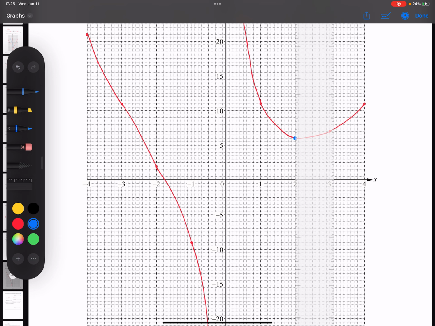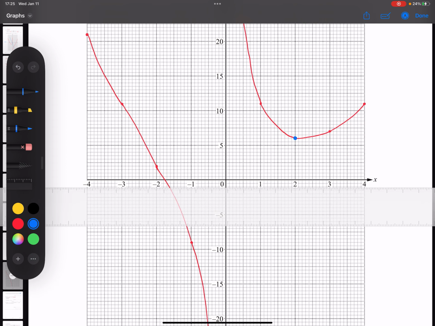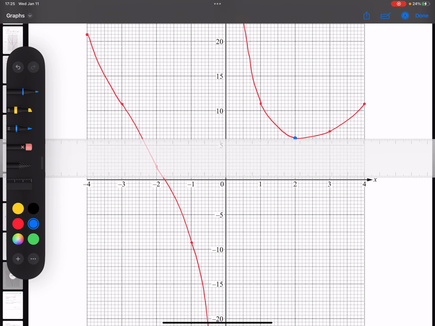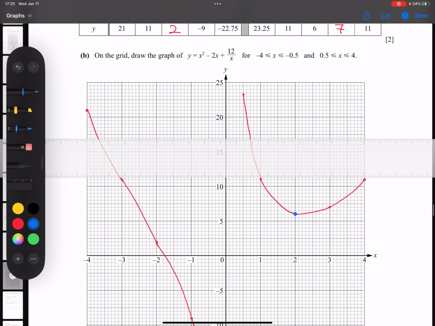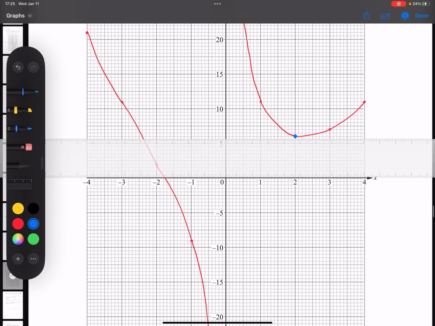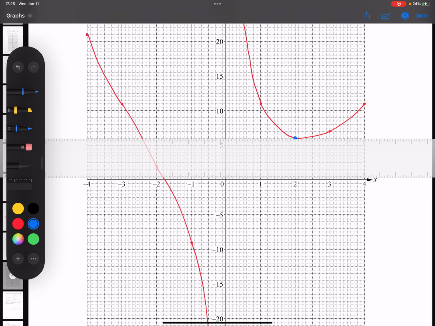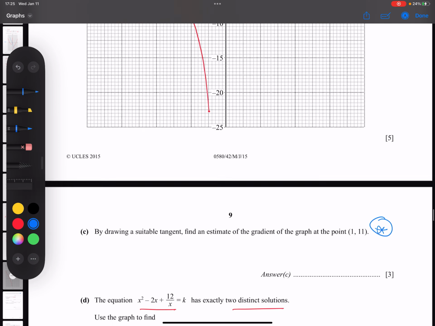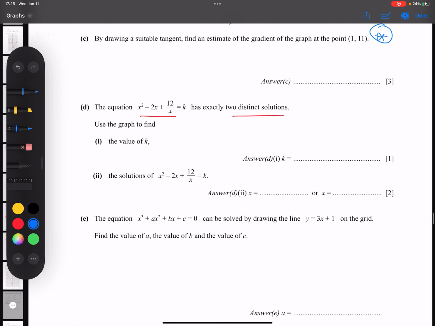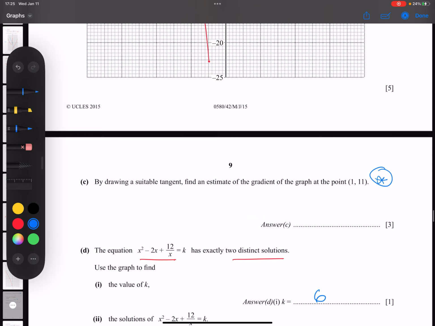It has two solutions. Why? Because if you put this here, over here, these are two solutions. It intersects once, it intersects twice on the other side. And this value is where y is equal to. So when x is equal to 2, y is equal to 6. That's exactly y equals to 6. All right? So this line, y equals to 6, has two solutions. That's why we say the value of k is 6. And the solutions of this, let me go back and draw it then.